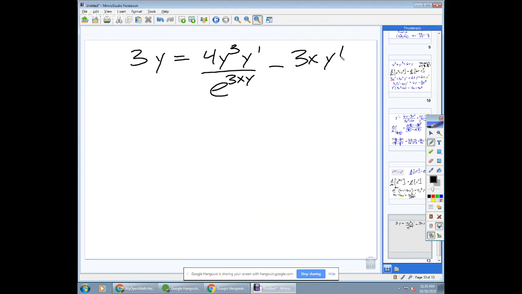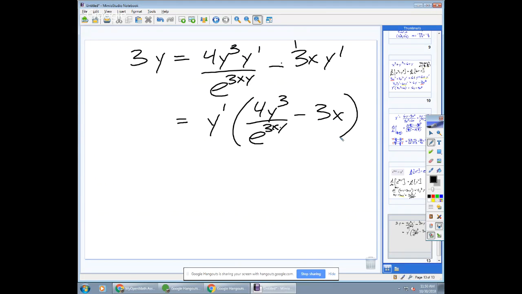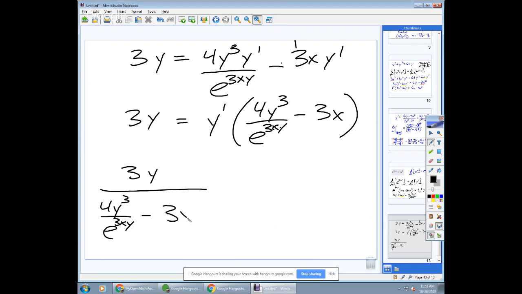Now we can pull the y prime out on the left side. And that leaves me 4y cubed over e to the 3xy minus 3x. Then we have to divide by that. So that's going to give me 3y over that crazy parentheses, 4y cubed over e to the 3xy minus 3x. And that is one of many versions of y prime.